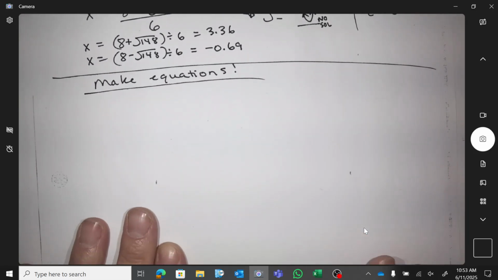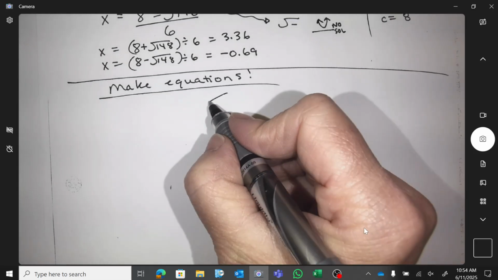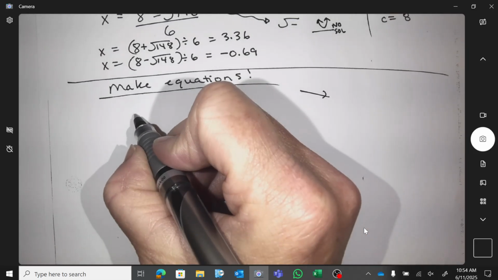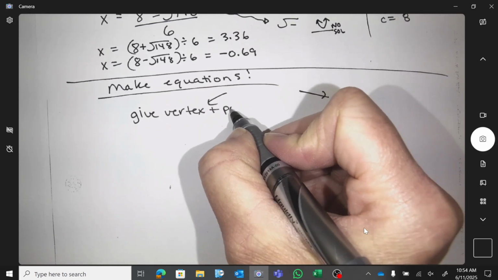Okay, making equations. Making equations. You have 2 options. I might give you vertex and point.